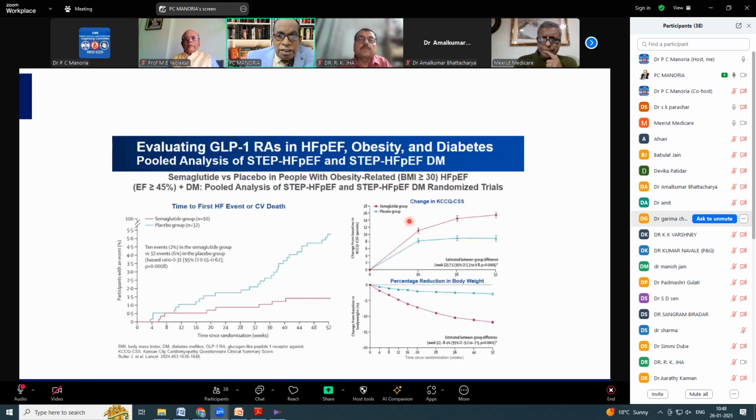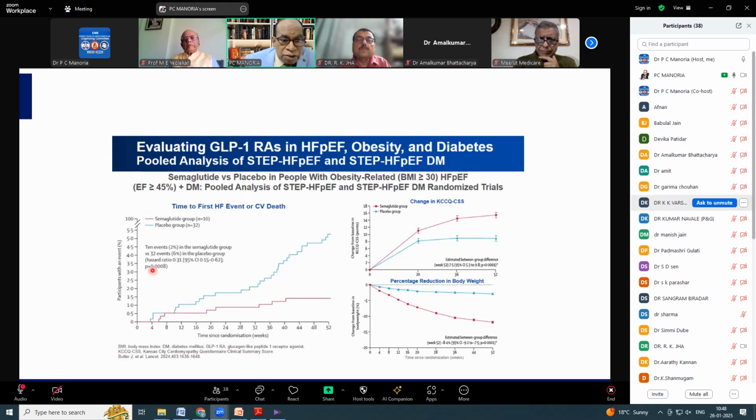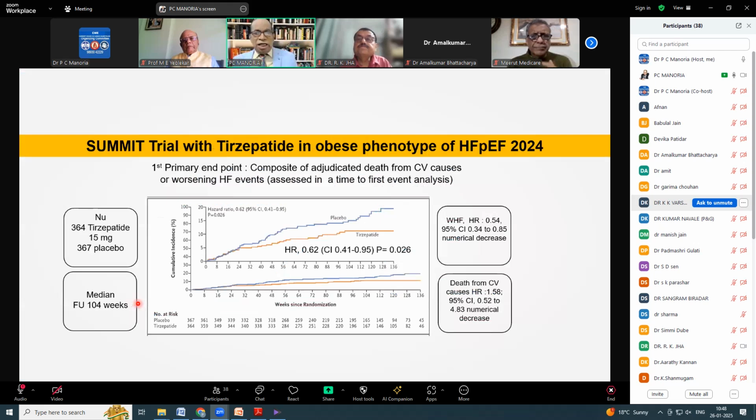But when the pooled analysis was done of both these trials, the STEP-HFpEF and the STEP-HFpEF DM, you can see for time to first HF event or cardiovascular death, there is a significant reduction, p-value is 0.008, and of course KCCQ and weight change did improve. So the SUMMIT trial was carried out with the primary endpoint as a cardiovascular endpoint, composite of death from cardiovascular causes or worsening heart failure.